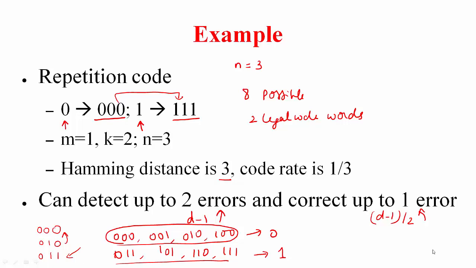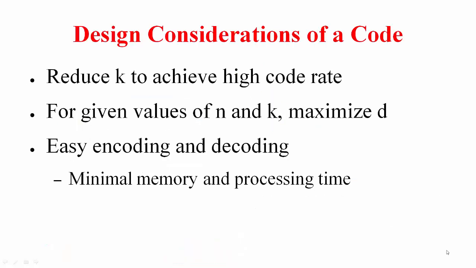This code as such is a very simple code and is not particularly useful. Its correction as well as detection capabilities are very poor, so you don't want such codes. So when you're designing codes, these are some of the considerations. You want to keep k to the smallest possible so that you can achieve high code rates. You want to keep the redundancy low.